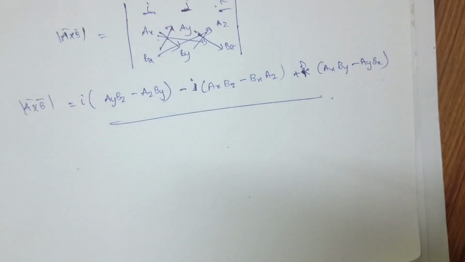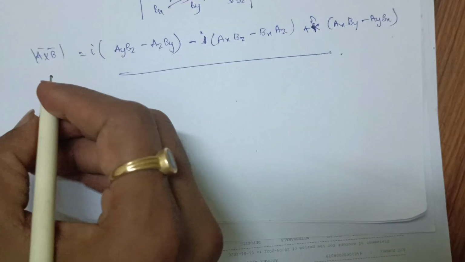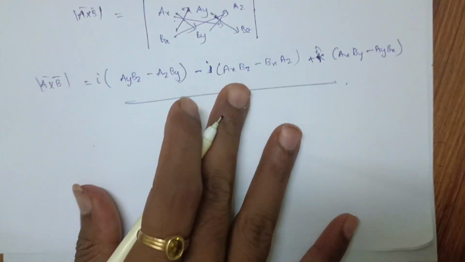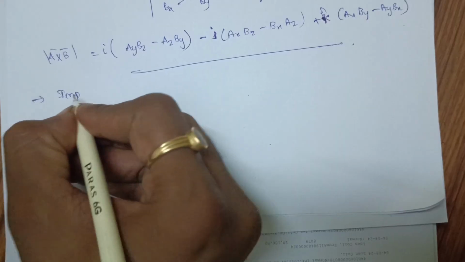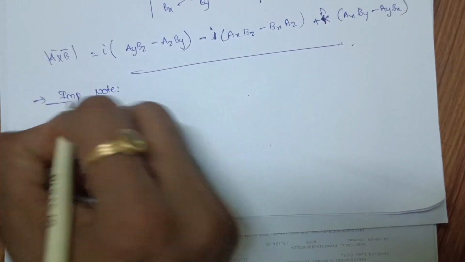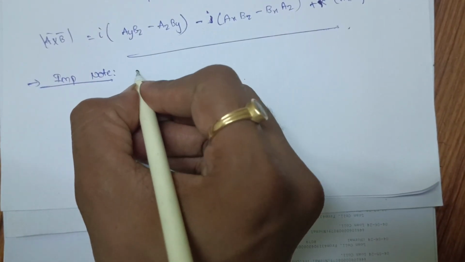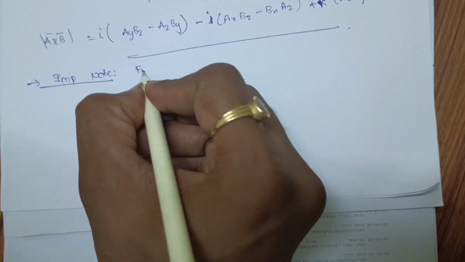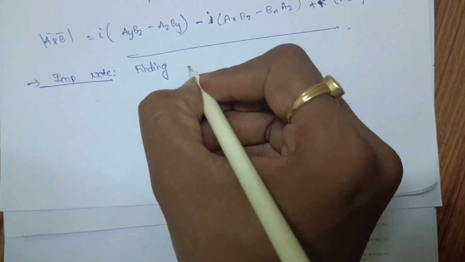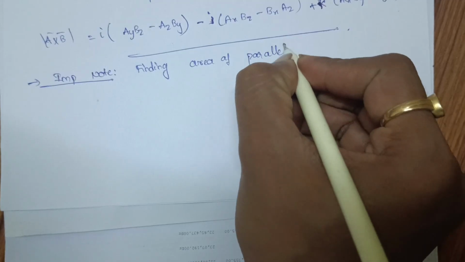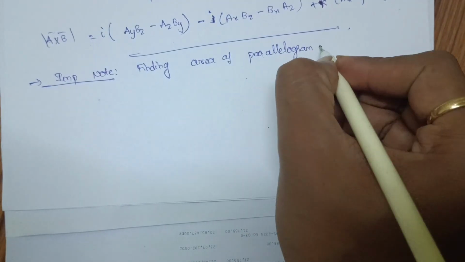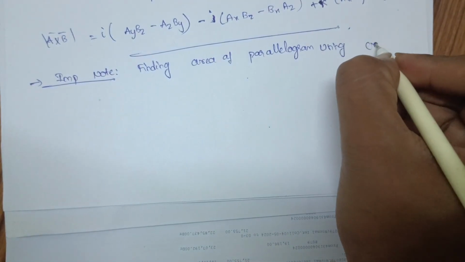Now next one is an important note: finding the area of a parallelogram using cross product.